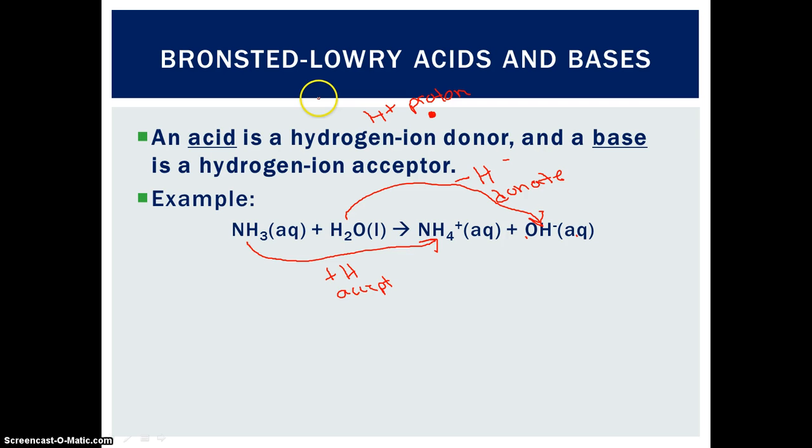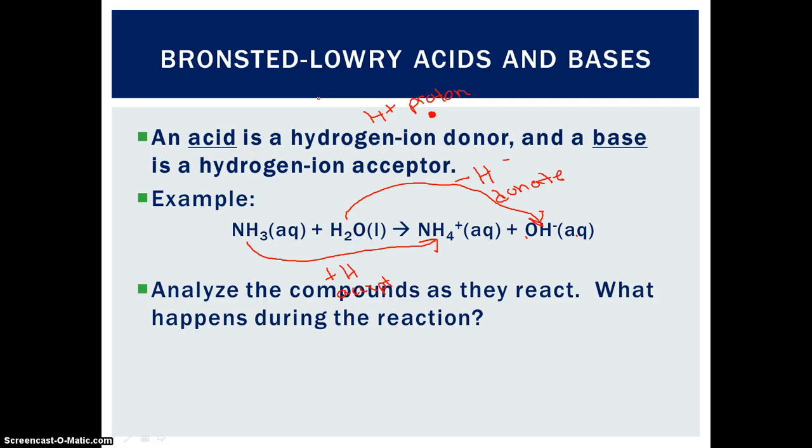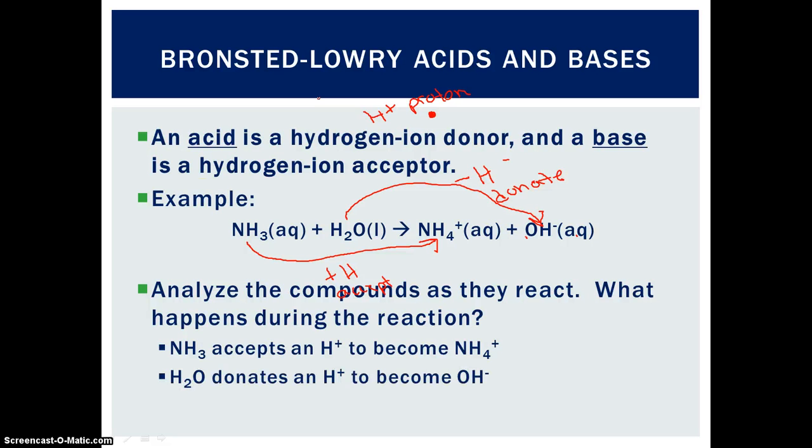Okay. So if I'm talking about which one's the acid and which one's the base, NH3 adds an H, becomes NH4. That makes it the base. H2O donates or loses an H to become OH. That makes it an acid. Okay.